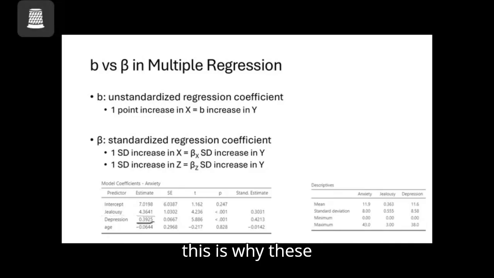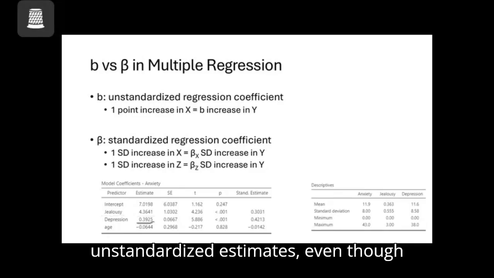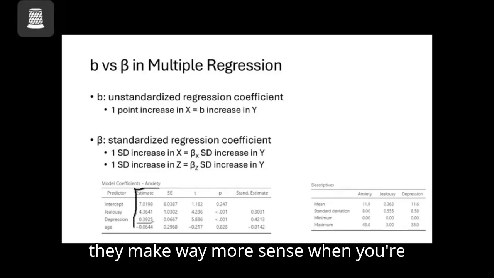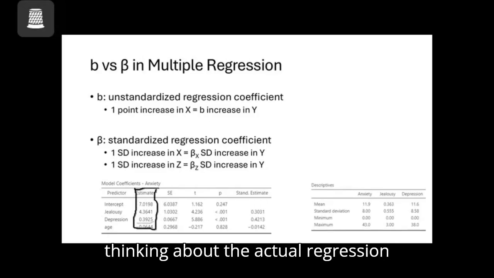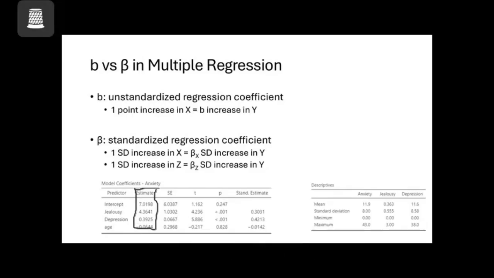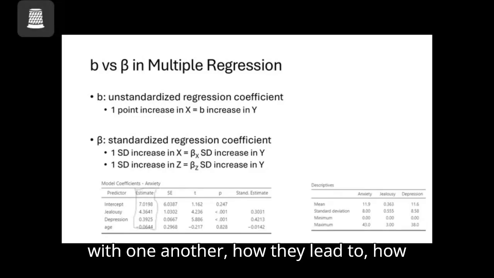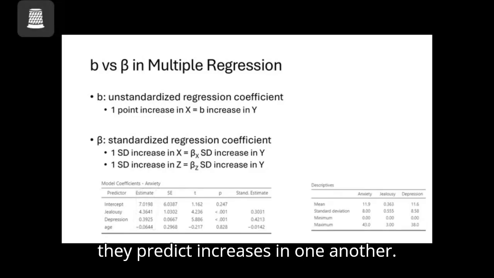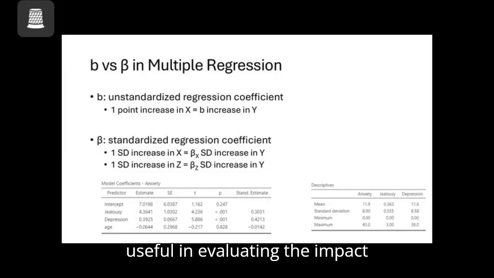So this is why these unstandardized estimates, even though they make way more sense when you're thinking about the actual regression lines and how the actual variables in real world data are associated with one another, how they predict increases in one another. The standardized estimate is much more useful in evaluating the impact of different variables compared to one another.